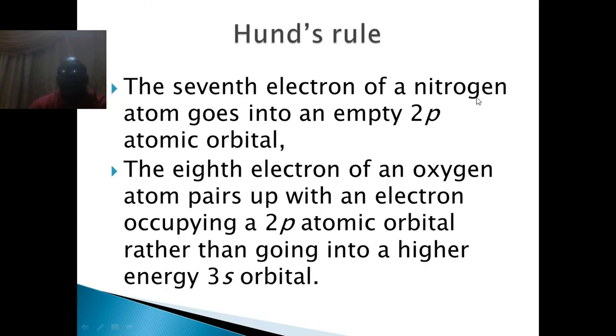The seventh electron of a nitrogen atom goes into an empty 2p atomic orbital. The eighth electron of an oxygen atom pairs up with an electron occupying a 2p atomic orbital rather than going to a higher energy 3s orbital.